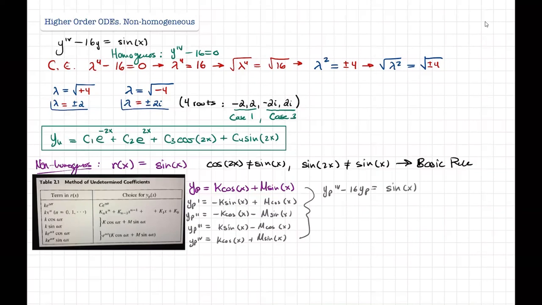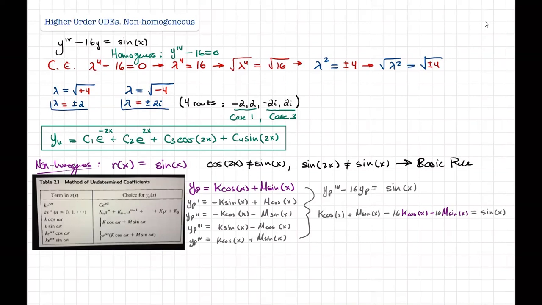So plugging in everything together, we're gonna get K cosine of x plus M sine of x minus 16 times YP, which should be 16K cosine of x minus 16M sine of x, and this is equal to sine of x.